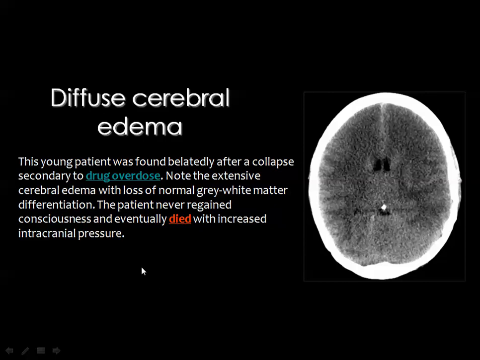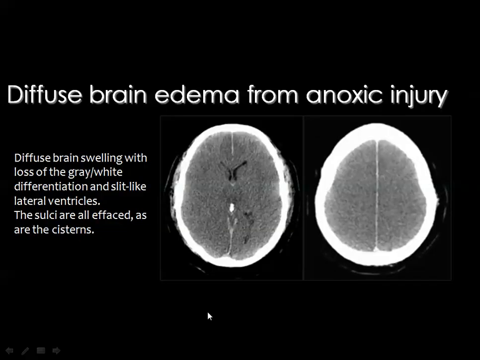Also, brain edema may result from drug overdose. And here you can see the diffuse hypodensity of both cerebral hemispheres. There is some sparing of the basal ganglia. Then this is a brain edema also from anoxic injury, and you know that if the patient recovered from this injury, the edema will subside.